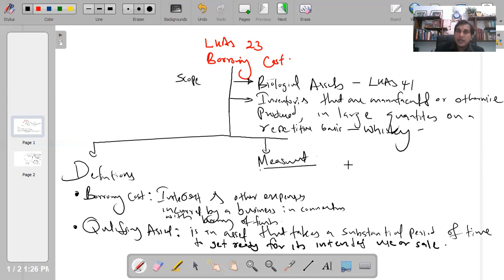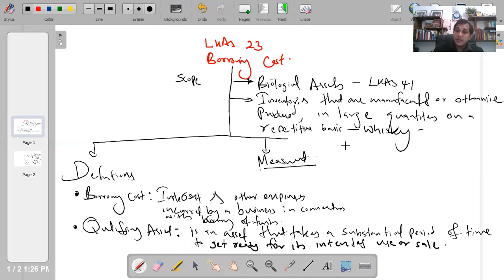Sometimes loans are obtained for a specific project, a specific qualifying asset, right? Then that's very easy. That particular interest or borrowing cost can be capitalized into the relevant qualifying asset.